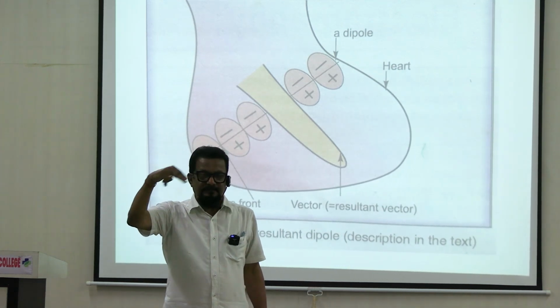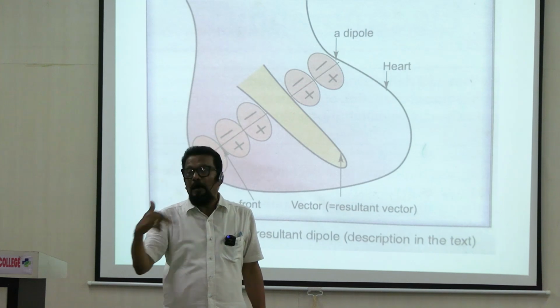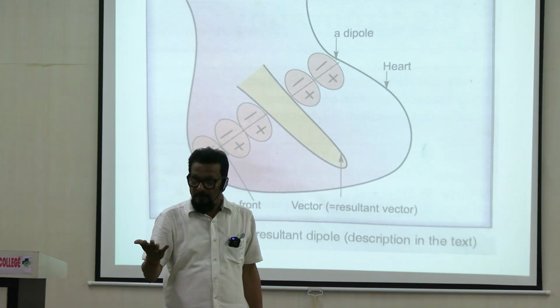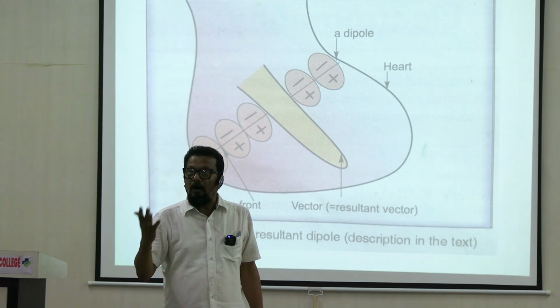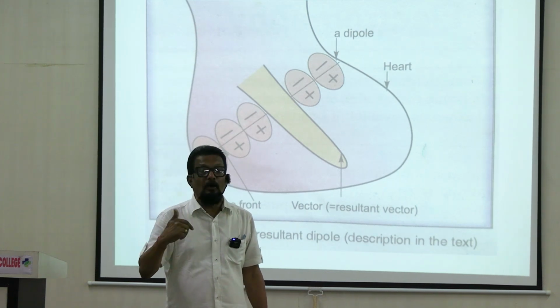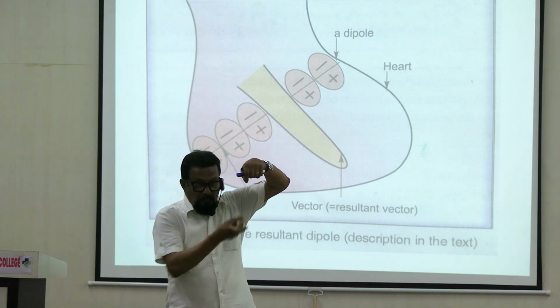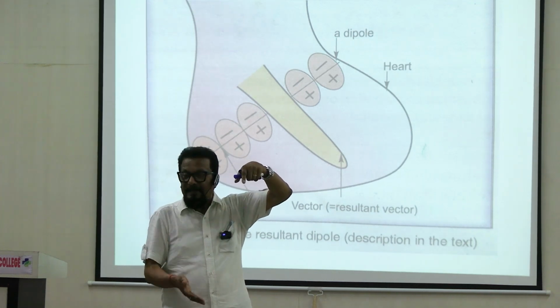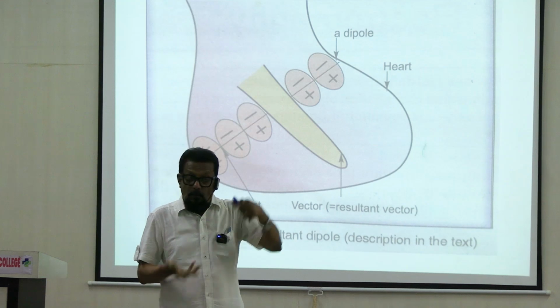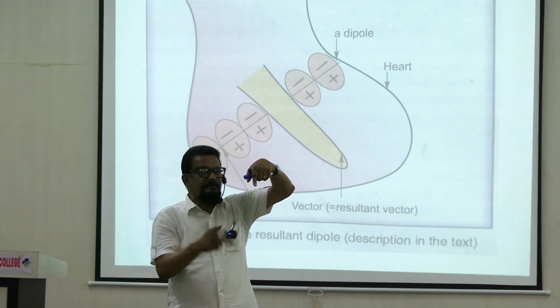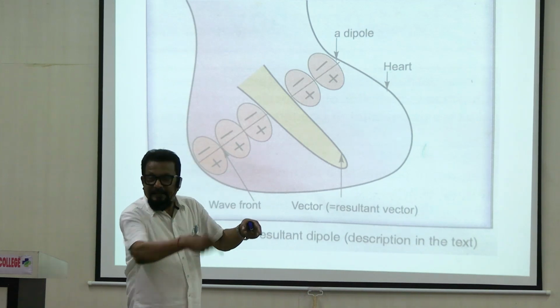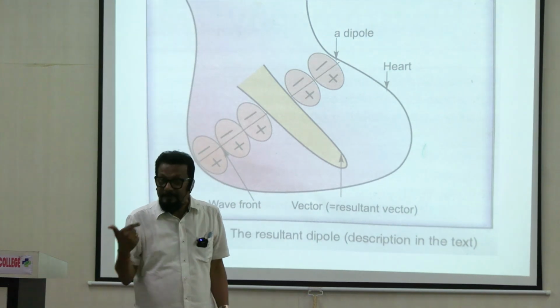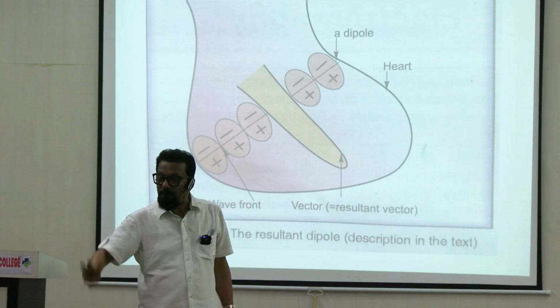If one fascicle is blocked, we call it a monofascicular block, or simply a hemiblock. When both fascicles are blocked, it is a bifascicular block. When both fascicles of the left bundle branch as well as the right bundle branch, all three, are blocked, we call it a trifascicular block.